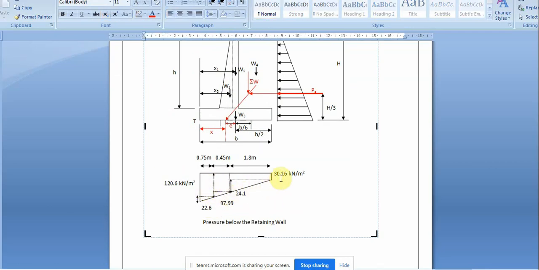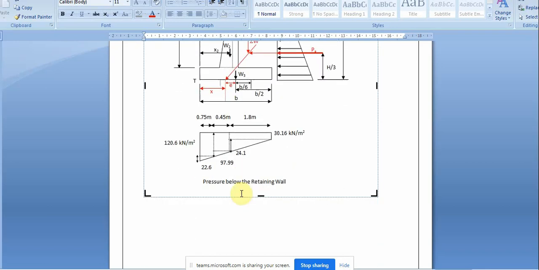As per the diagram, I have got 30 kilonewtons at the heel point and 120 kilonewtons at the toe point. Just below the toe stem here, I have calculated the forces at this and this point. That we can do by similar triangles and find the forces at this and this point. This is what we have done.